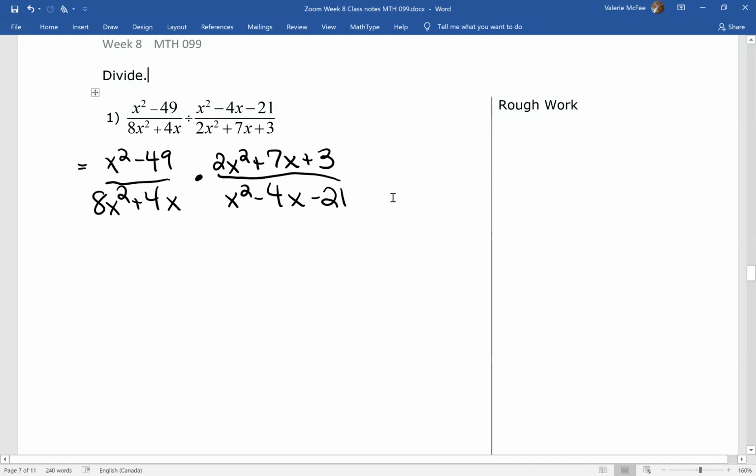So step 1, change this to multiplication by the reciprocal. The first expression stays the same. Dividing changes to multiplication. Find the reciprocal of the second expression. Now you want to factor everything.